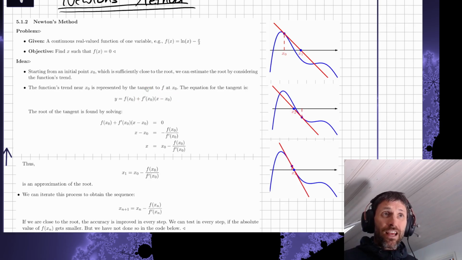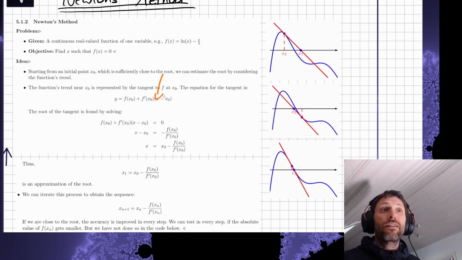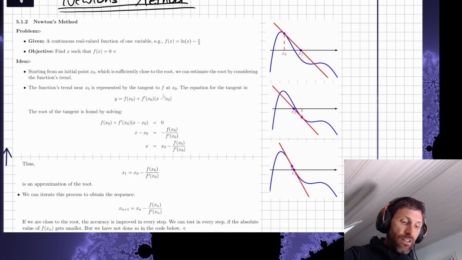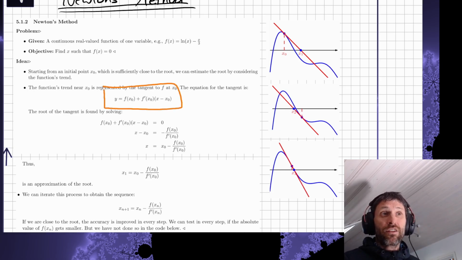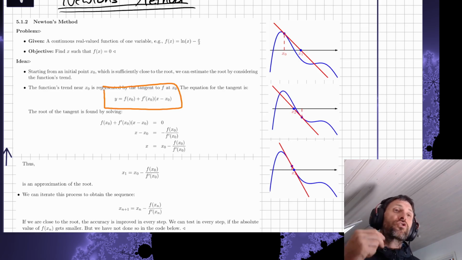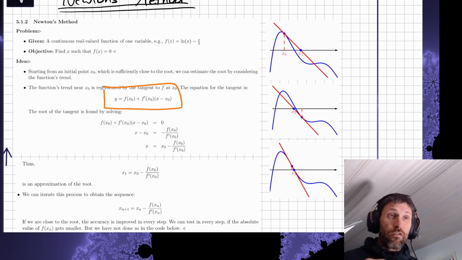Is this really the tangent? Yes, it is, because for x equal to x0, we have the function value f of x0, which is correct. Does this linear function have the correct slope? Yes, it has. So this is the tangent of our function.